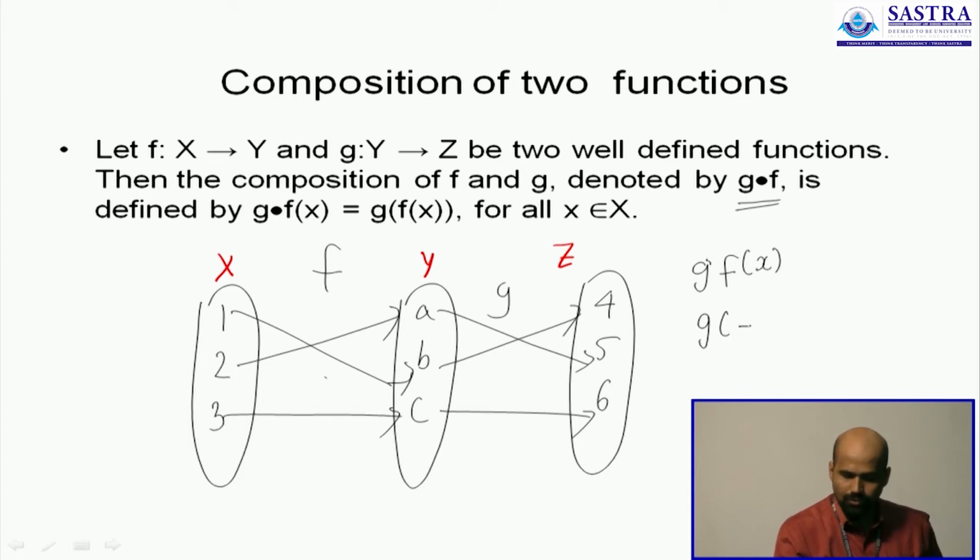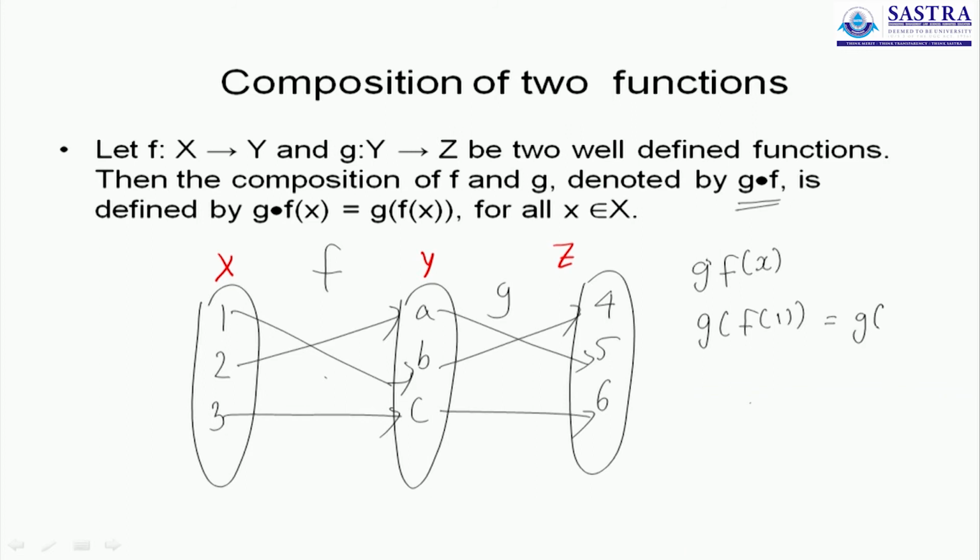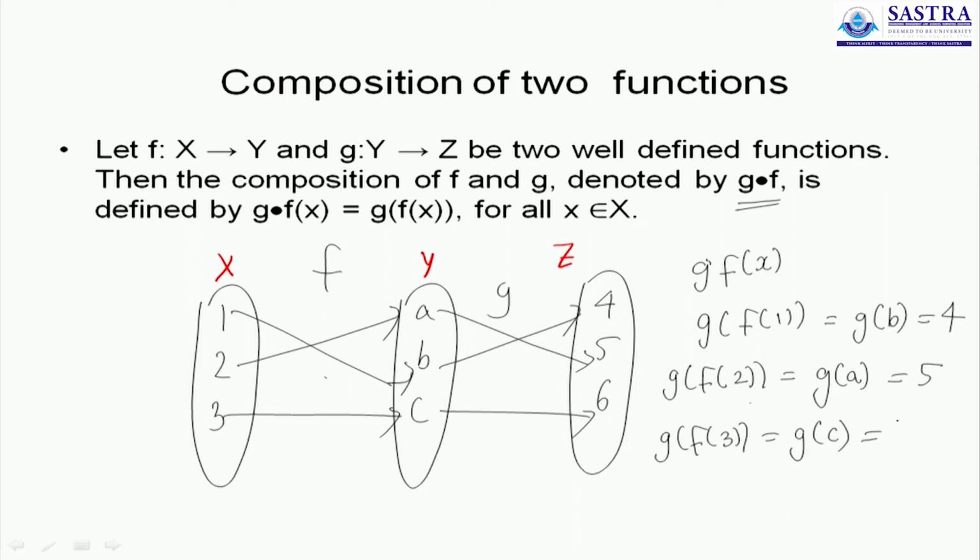g of f of 1. You know that f of 1 is b. So what is g of f of 1? It is the same as g of b, and g of b is actually 4. And g of f of 2 goes to a, so this is the same as g of a, and a goes to 5. And g of f of 3 goes to c, so the answer you are looking for is g of c, and that is 6.